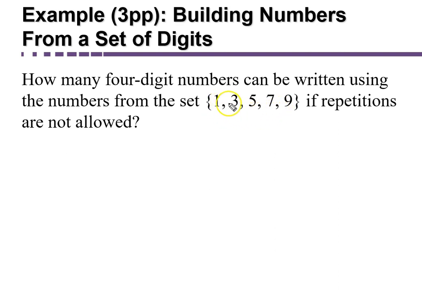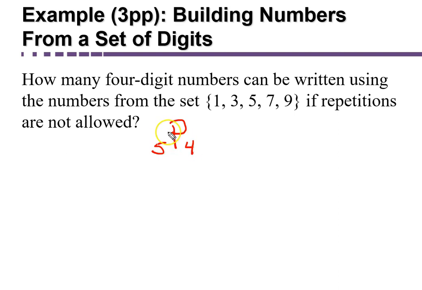Well, there are 1, 2, 3, 4, 5, if repetitions are not allowed. Well, this would be a permutation. We have 5 for our n value, and we're looking for 4.